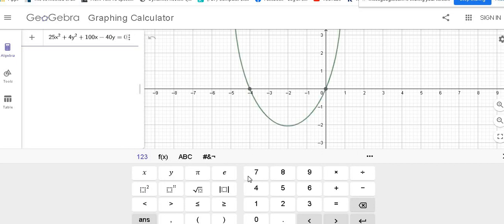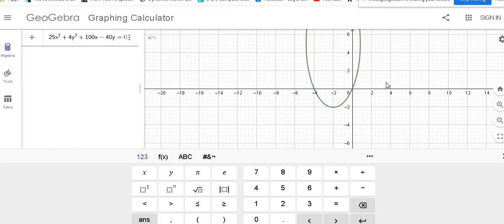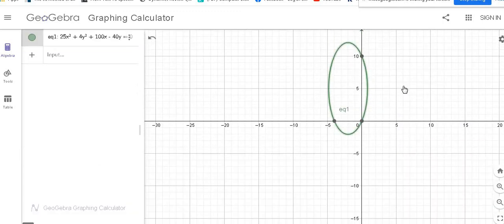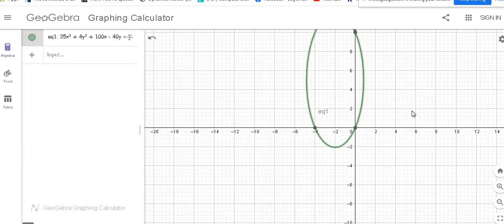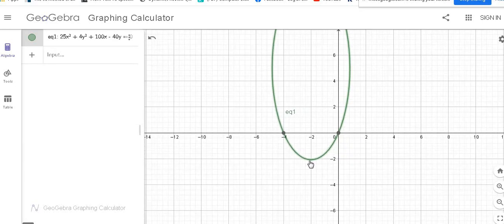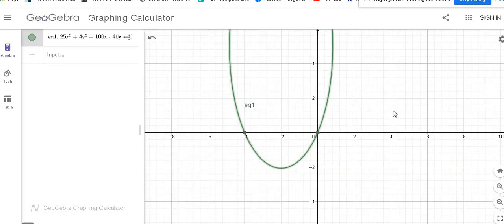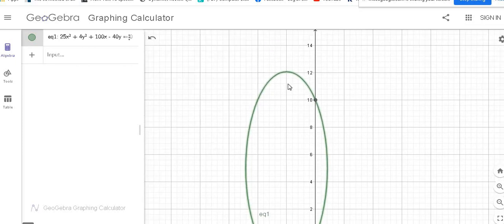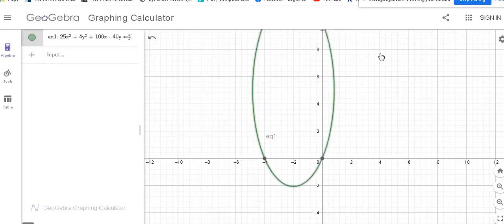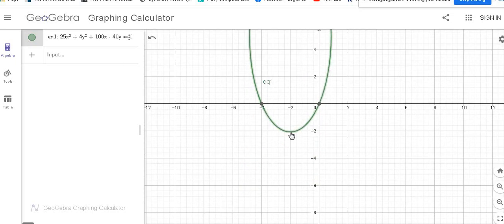Yan po ang ating ellipse. So, hindi po natin makikita dito yung foci. Yung vertex, almost 12 plus, and then this one is nasa 2 plus. Okay?